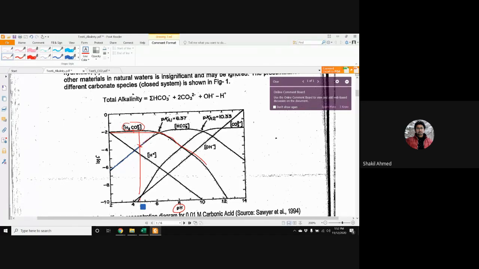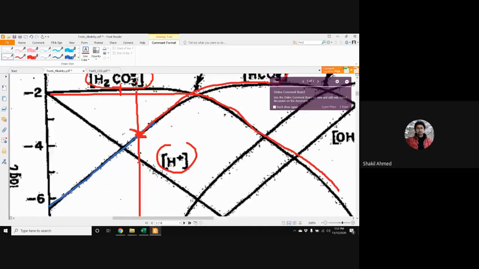For example, HCO3 is very negligible, and H plus is also very negligible. Why negligible? Because this is log scale, guys.